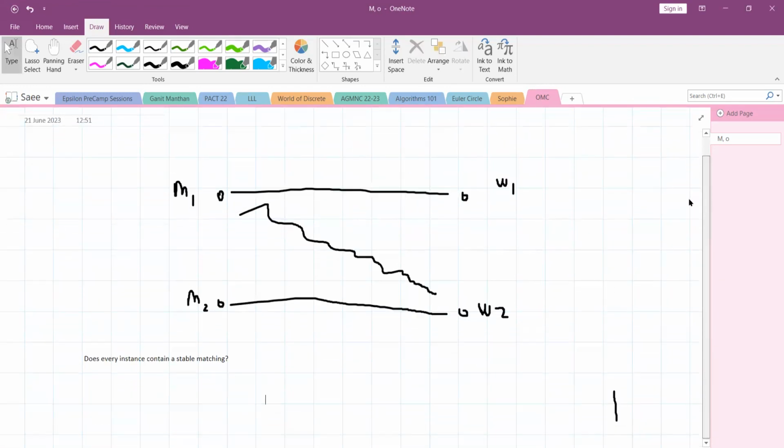And another question I really want to ask here is, if an instance does have a stable matching, how can we find it? So any ideas about that?